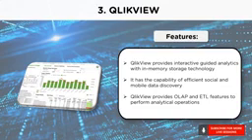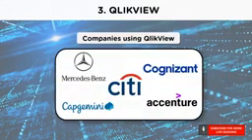QlikView performs OLAP and ETL features to perform analytical operations, extract data from multiple sources, transform it for usage, and load it to a data warehouse. The companies that can help you start your career in QlikView are Mercedes-Benz, Capgemini, Citibank, Cognizant, and Accenture, to name a few.